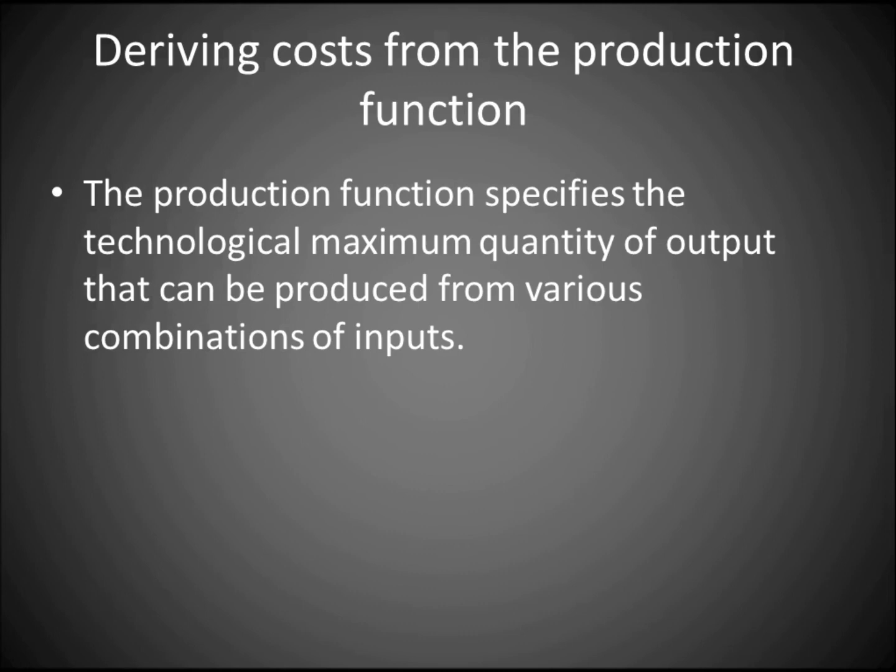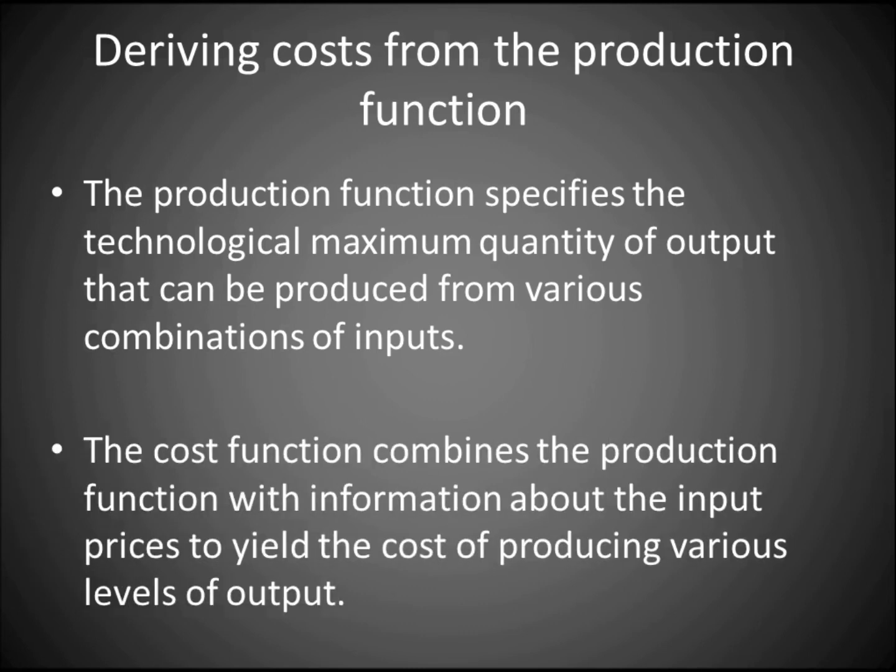The production function specifies the maximum quantity of output that can be produced from combinations of inputs given our current technology that we're using. The cost function just takes that production function and combines it with information about the prices of input. And then what it tells us is the cost of producing various levels of output.